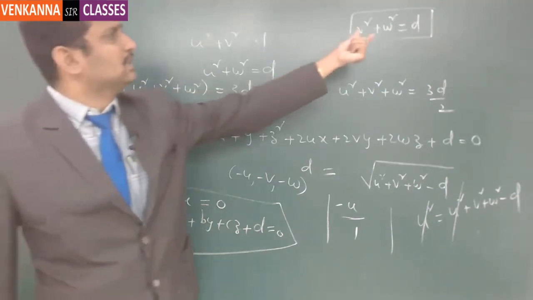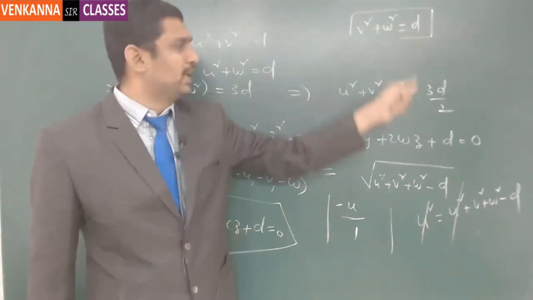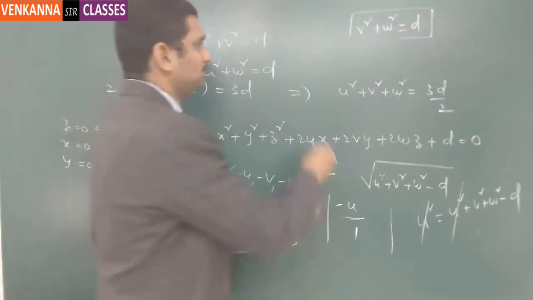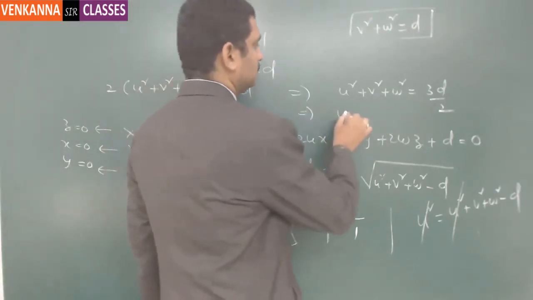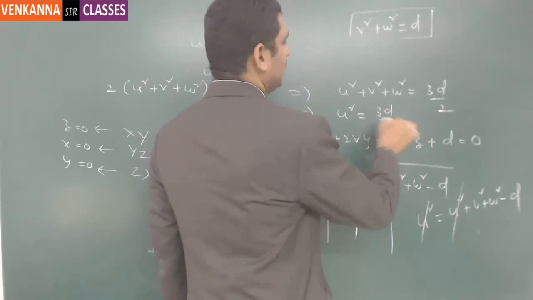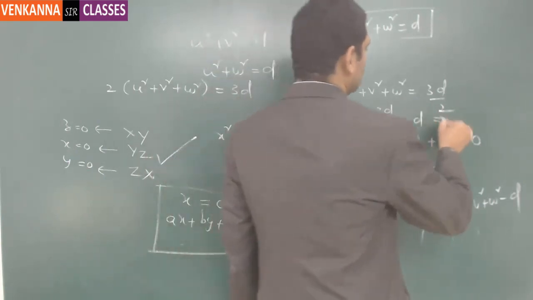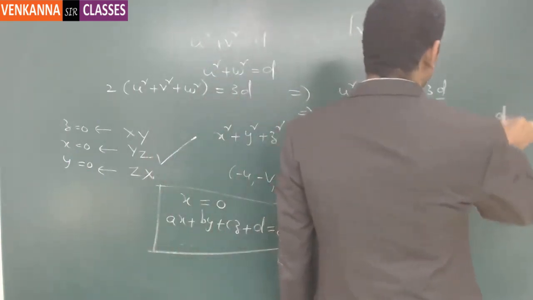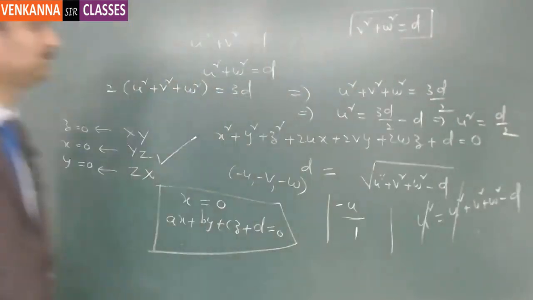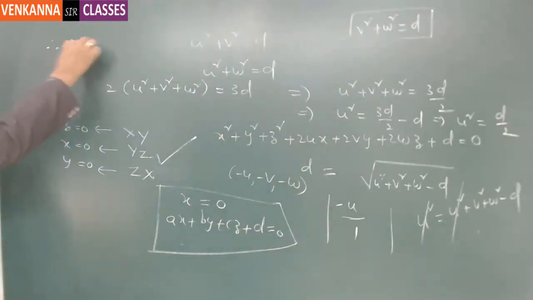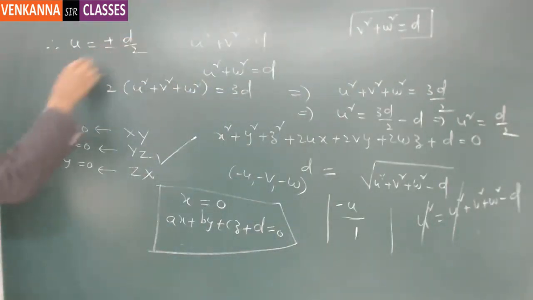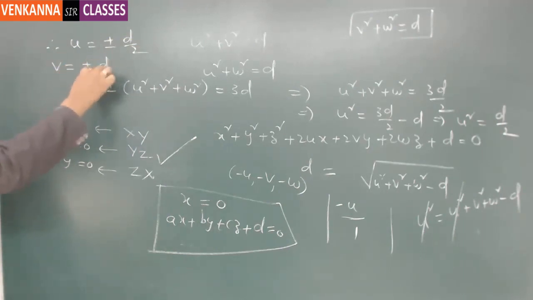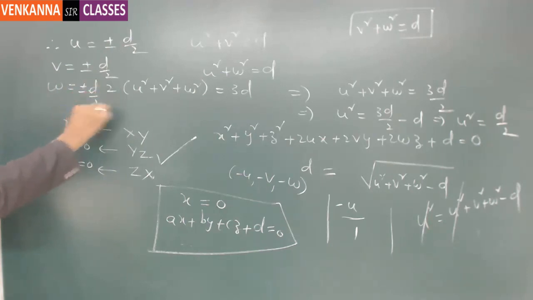You know that v square plus w square is equal to d. If you substitute here, u square is equal to 3d by 2 minus d, implies u square is equal to d by 2. Therefore, u is equal to plus or minus root of d by 2. Similarly, v is equal to plus or minus root of d by 2. W is equal to plus or minus root of d by 2.